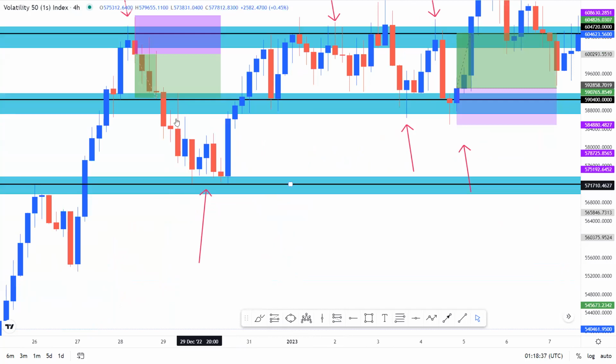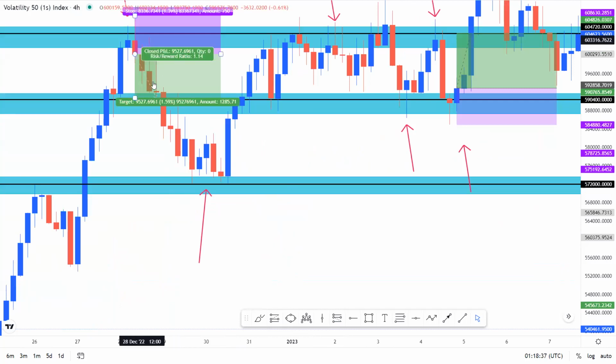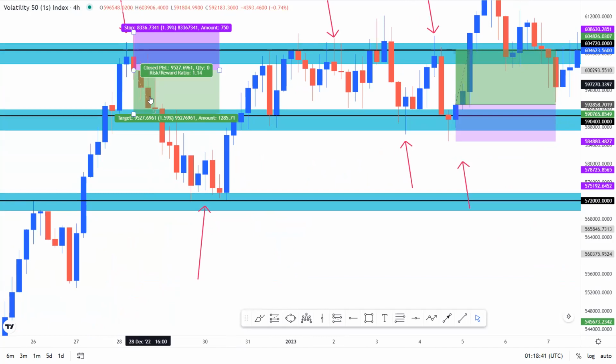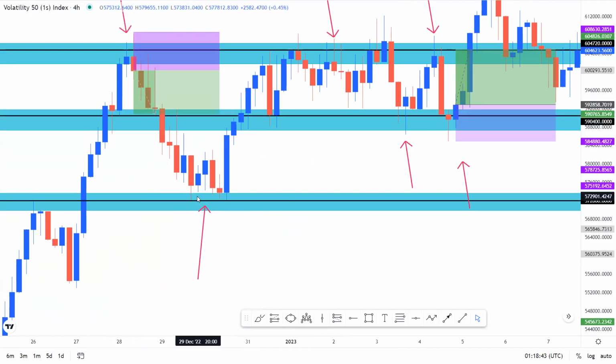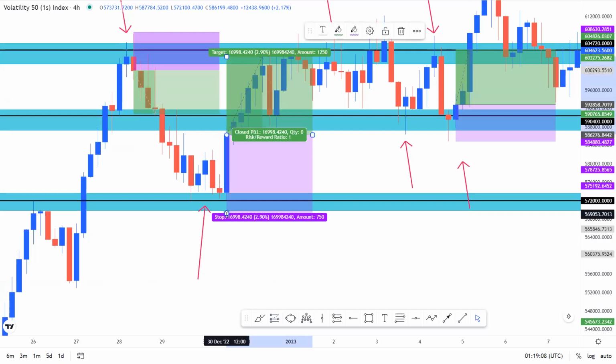Right about here, what did you get to see? We had this sell off from this key level, and it came right into this key level. And then we're seeing price print a bullish engulfing candlestick, of course, a momentum candlestick.